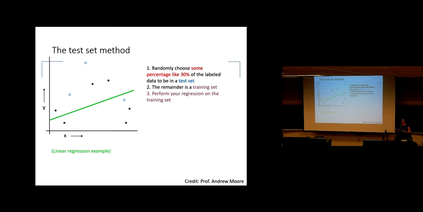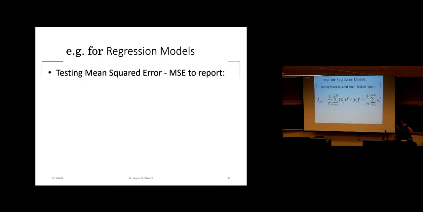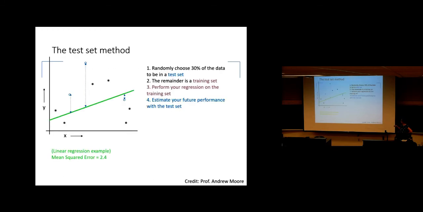Here they are the hollow, empty circles. You train the linear model, and then you measure the error you make on those left-out 3 samples. What error? We already said, right? Here you use mean squared test error.